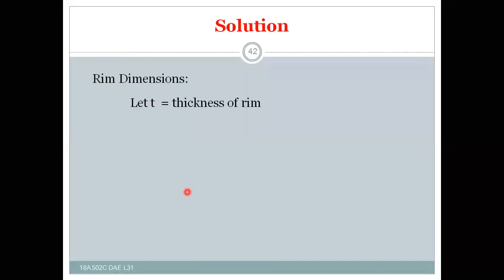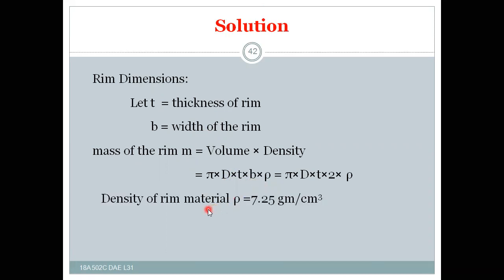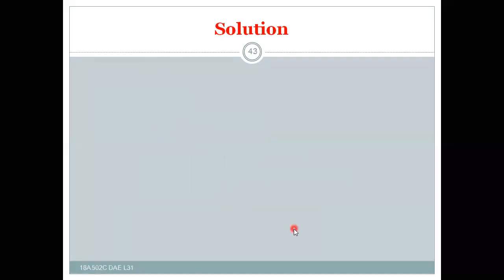Dimensions of the rim. Let T be the thickness of the rim and B the width of the rim, and the mass of the rim m is equal to volume into density, that is pi D T B into rho, and B is known for us as 2T. The density of rim material rho is equal to 7.25 grams per cc, that is 7,250 kg per meter cube.